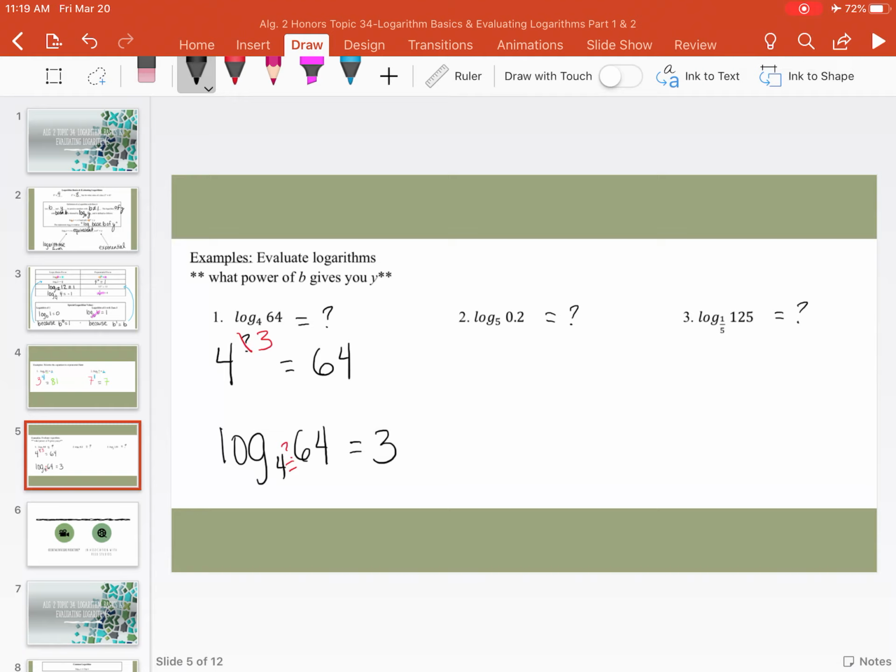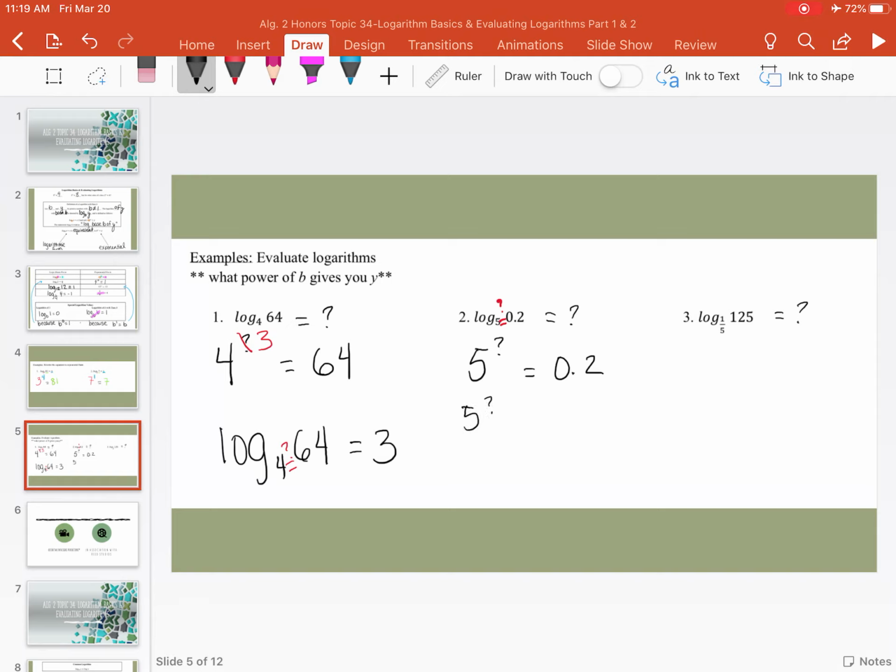Log base 5 of 0.2 equals what? So 5 to what power is going to give us 0.2? Now notice here we can rewrite 0.2 as a fraction. That's personally what I would do in this case, because I know some people are a little bit hesitant when it comes to fractions, but especially when dealing with exponents, it can be helpful.